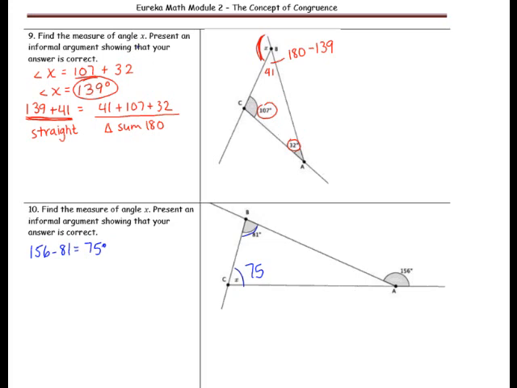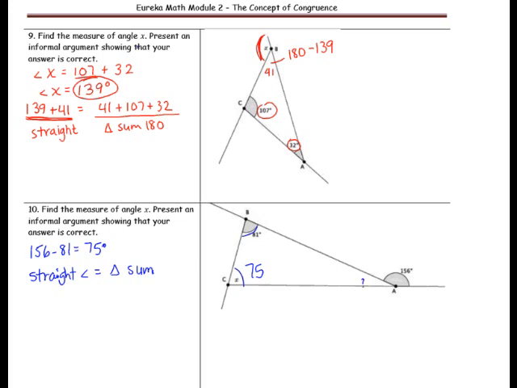Then, an informal argument showing that our answer is correct. So we have the straight angle, and the triangle sum of the interior angles is equal to 180 degrees. Our straight angle is 156 plus this acute angle.